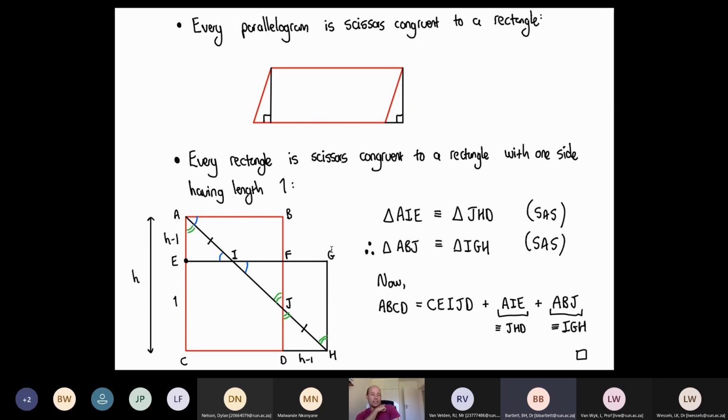So this shows that ABCD, our original rectangle, is scissors congruent to CEIJD plus AIE plus JHD plus IGH. And that gives us this rectangle on the bottom, which has side length 1 and some other length here. Quite an elegant proof, right? Except I got confused at one point, but okay.